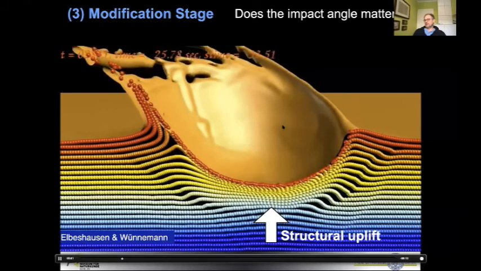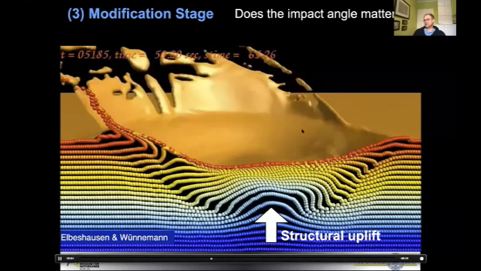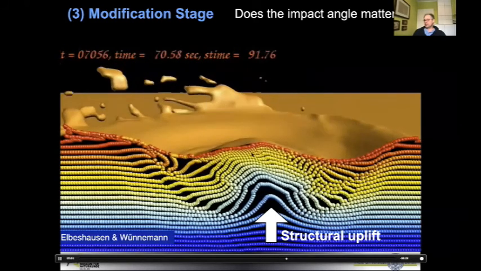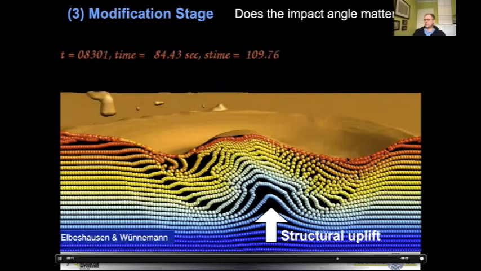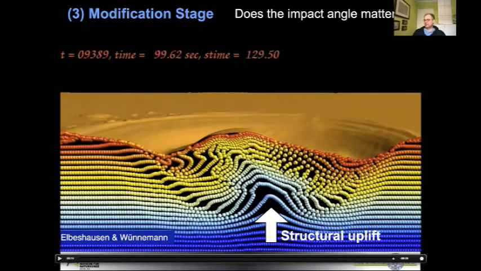And then we can let this go on. You see some asymmetries as a consequence of impact angle in the deeper crater structure, and in cross section it doesn't look so symmetric, but when you look at the plane view, you would see that the structure is very symmetric.